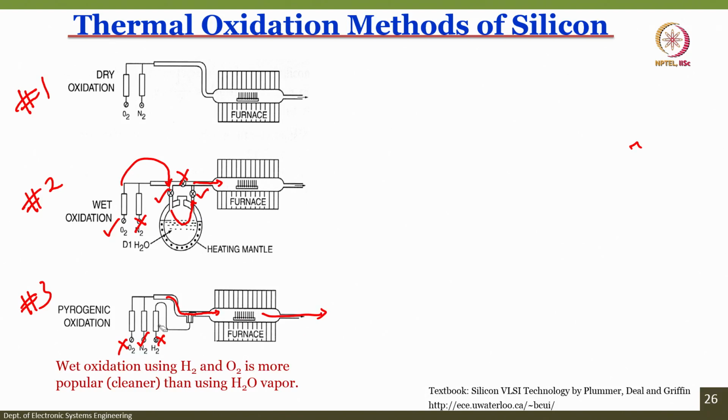Now, what will happen? We will open H2, open O2, close N2, then this O2 will mix with H2 here and this forms H2O, because H2 and O2 both form the water vapor H2O, we will balance the equation later, and then the silicon is there.